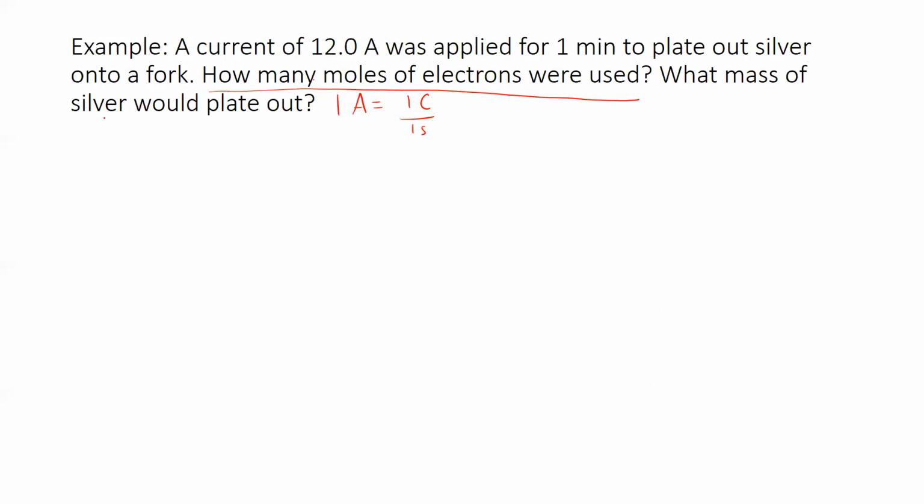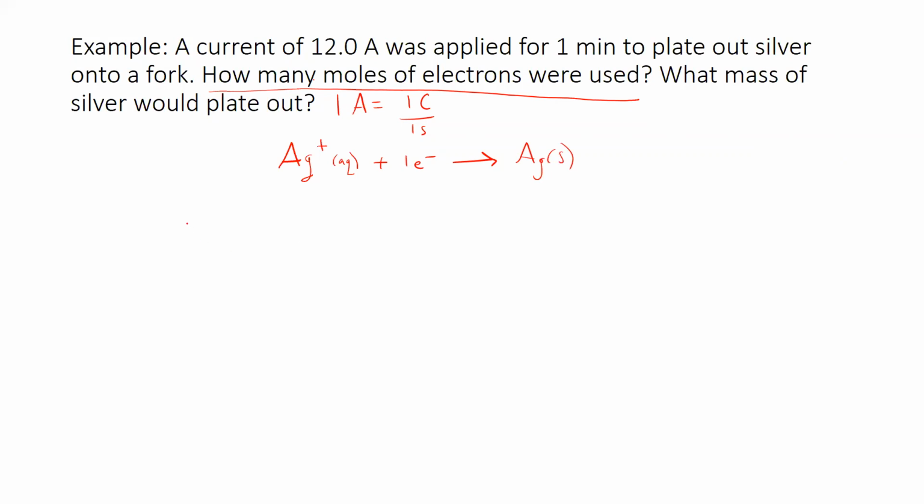And then based on the moles of electrons, we can figure out how much silver plates out based on our understanding that silver is Ag+ in solution plus an electron reacting to form silver solid. Okay, that's the idea behind this.